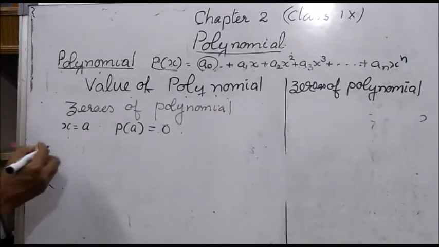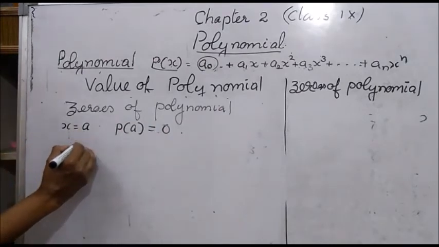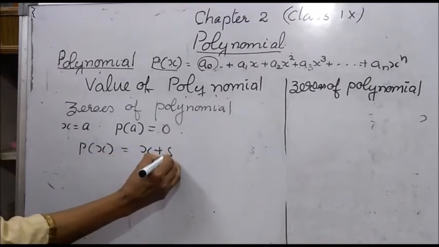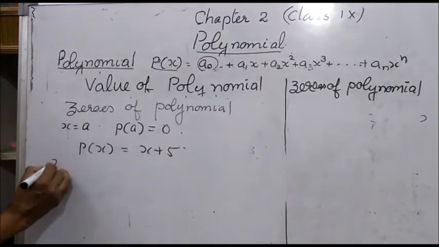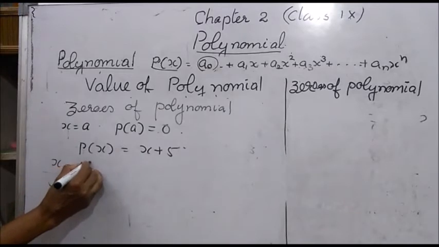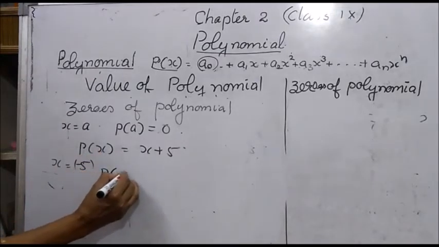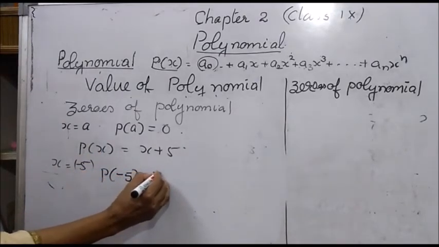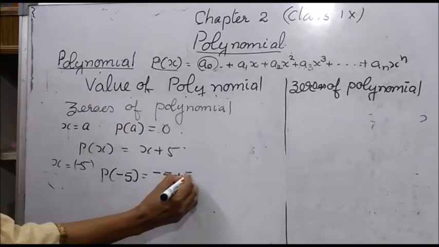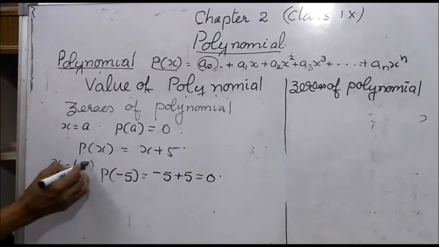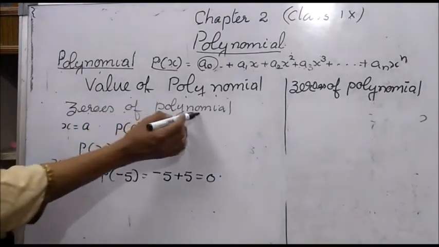For example, if p of x equal to x plus 5 and we say x equal to minus 5 is a zero of the polynomial, that means in the place of x we will put minus 5, that is minus 5 plus 5, we will get 0. Then we can say that this x equal to minus 5 is a zero of this polynomial.